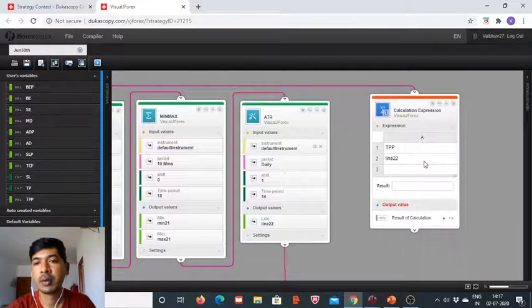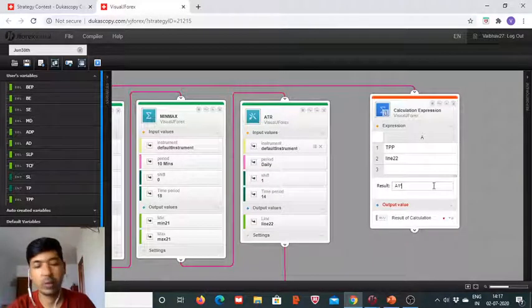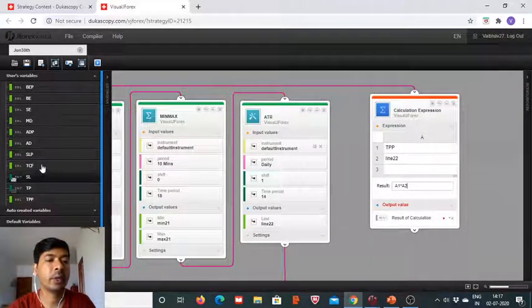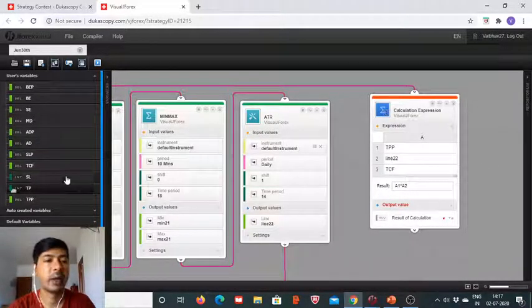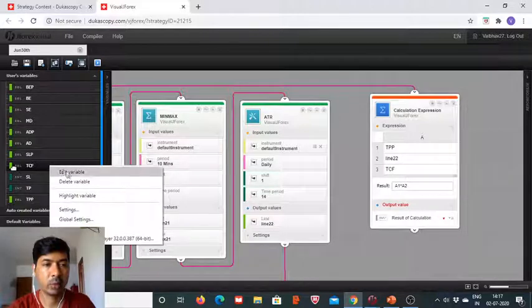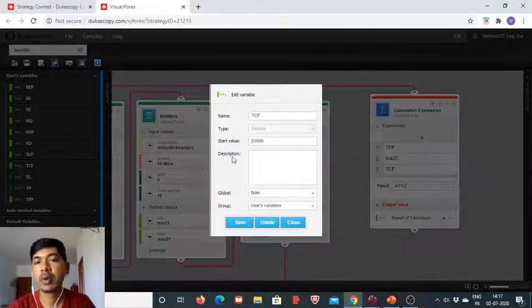Line 22, a1 into a2, and we need to get this type conversion factor, and type conversion factor is 10 raised to the power 4, 10,000.